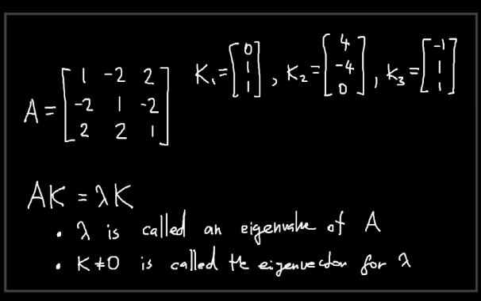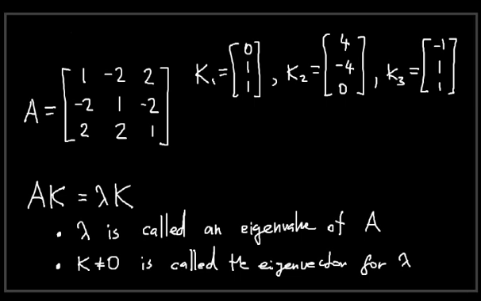The question we want to look at in this example is whether the vectors K1, K2, K3 are eigenvectors for the matrix A, and if so, for which eigenvalues.